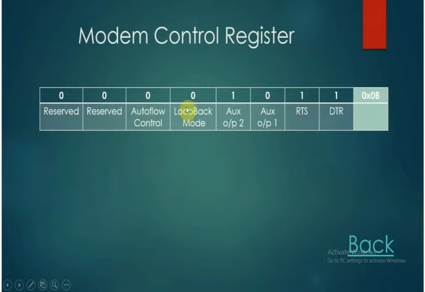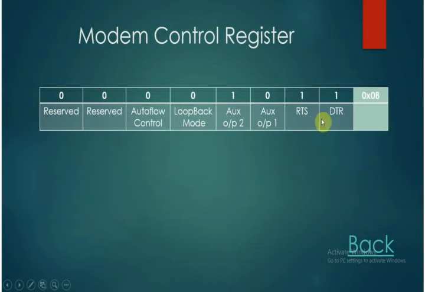We don't want to go for loop back mode, so make the next bit also equal to 0. Out of auxiliary output 1 and 2, output 1 is usually disconnected and output 2 is connected to the external circuit. So bit 3 becomes 1 and bit 2 becomes 0. This is 1 and this becomes 0.